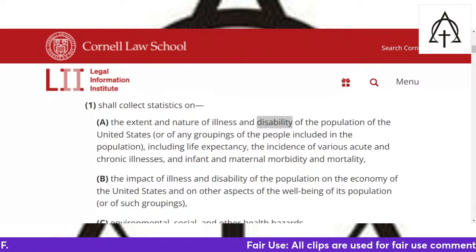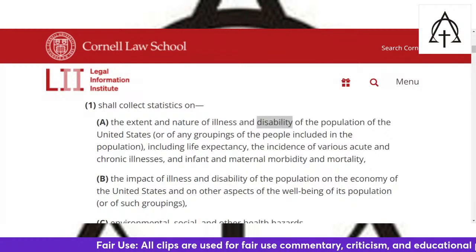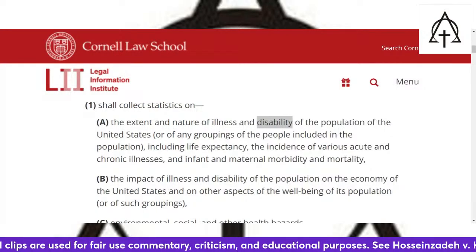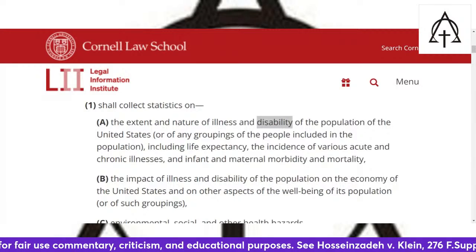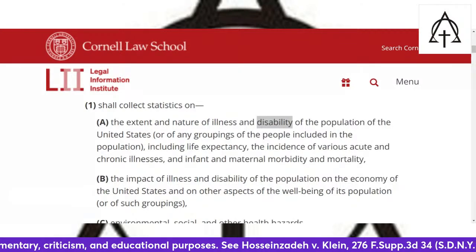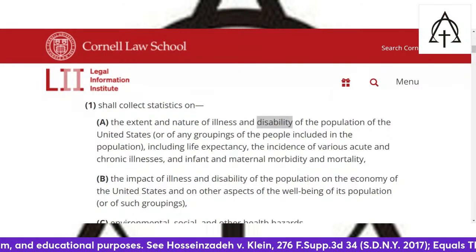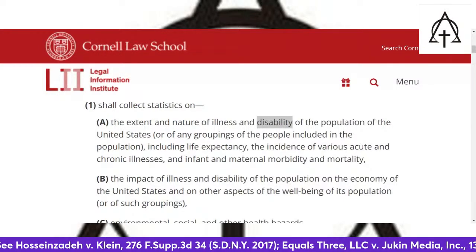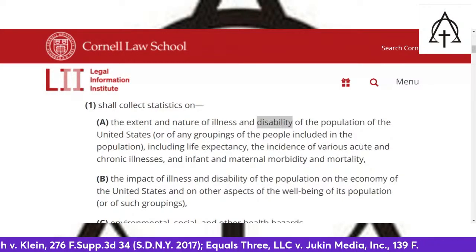The population of the United States, folks, there's no birth registration in the United States. So how can there be a population of the United States? Anybody? Anybody, please tell me.